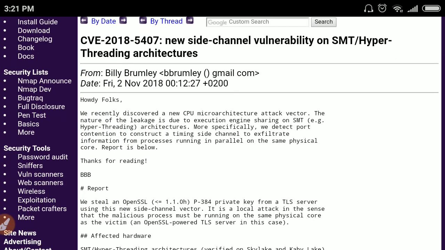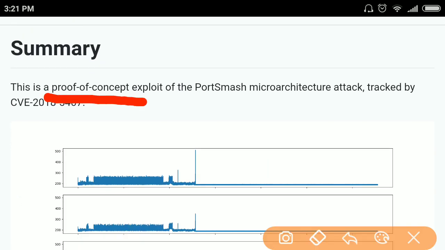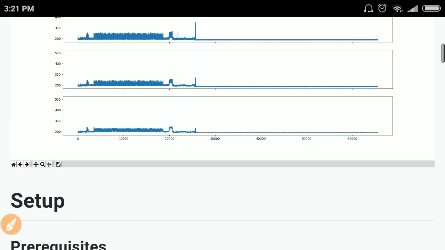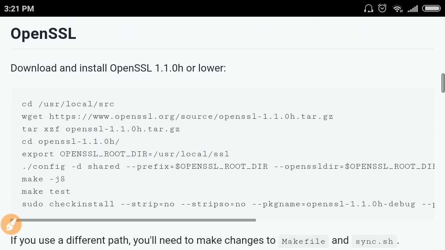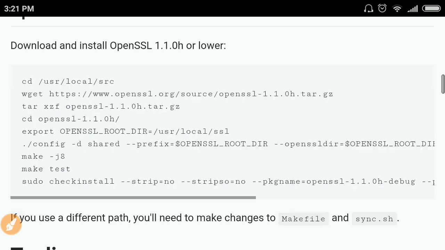So these are the details of this vulnerability on Nmap, which is a network mapping tool. And then this is the proof of concept they have published. These are the prerequisites for this setup, and they hacked the private keys of the OpenSSL 1.1 version.